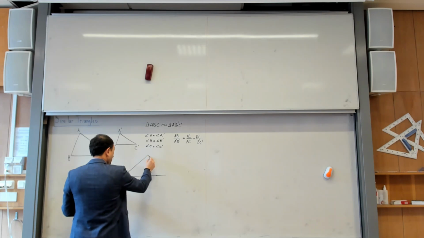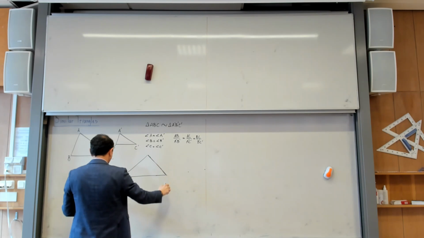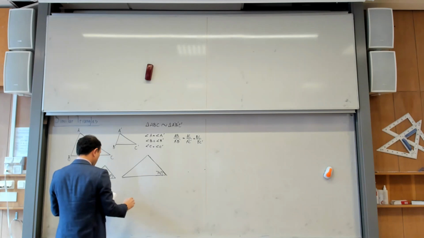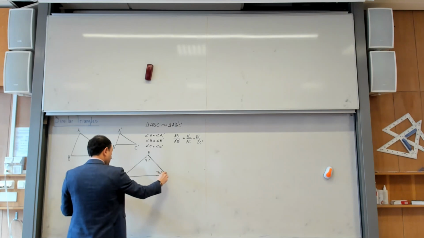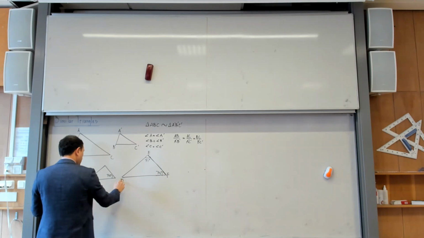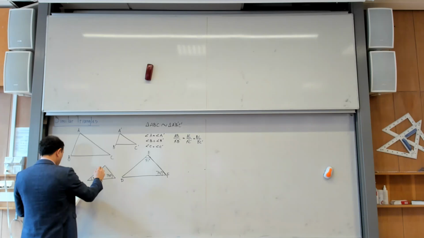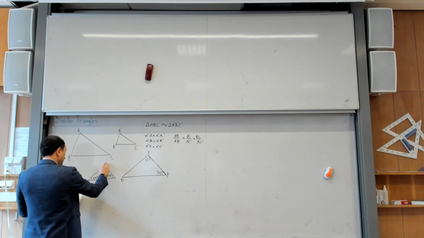Okay, I will try to do good. So here. And then they have given you, this is 75 degrees and this is 71 degrees. And the name of this triangle is EFD. And the name of this triangle is BAC.